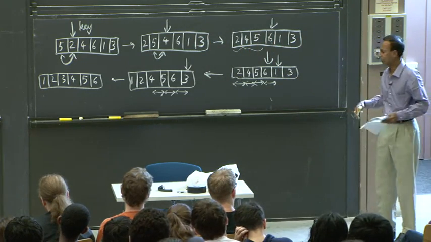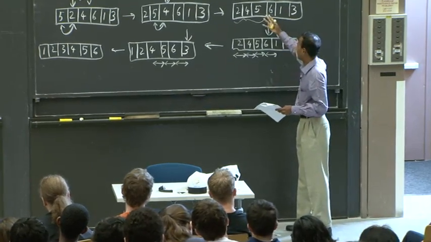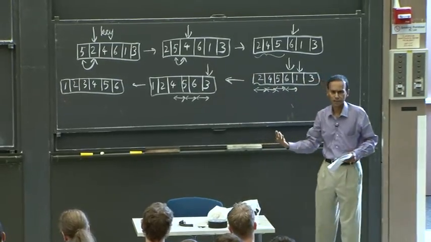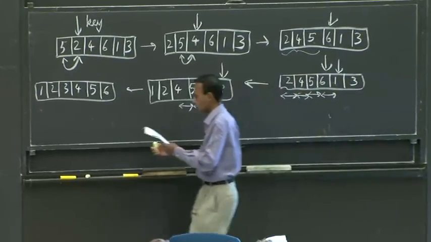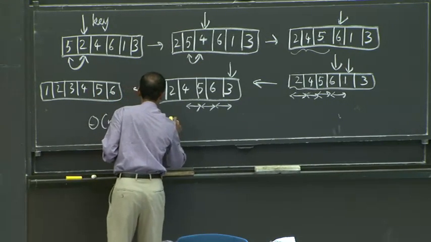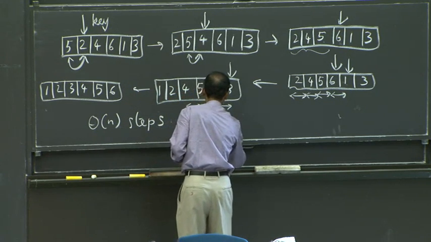I have theta n steps, and in this case, you can think of it as n minus 1 steps, since you started with 2. But let's just call it theta n steps in terms of key positions.